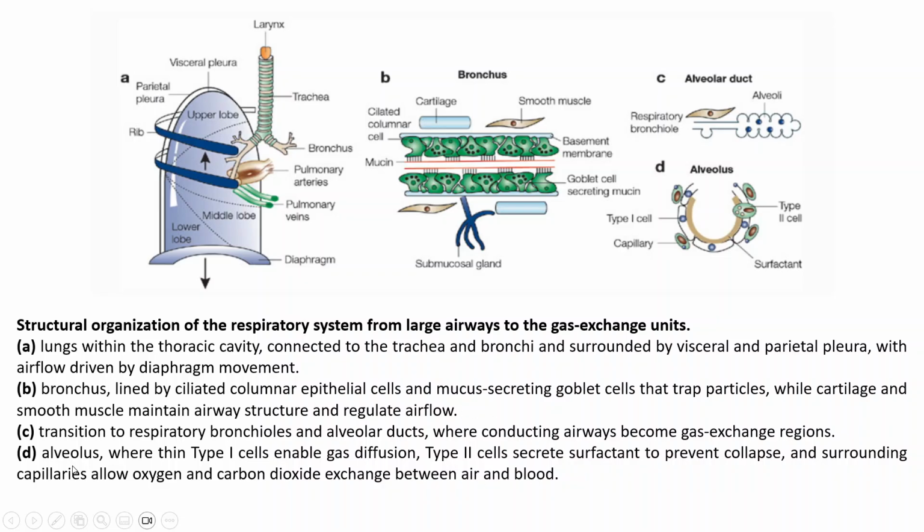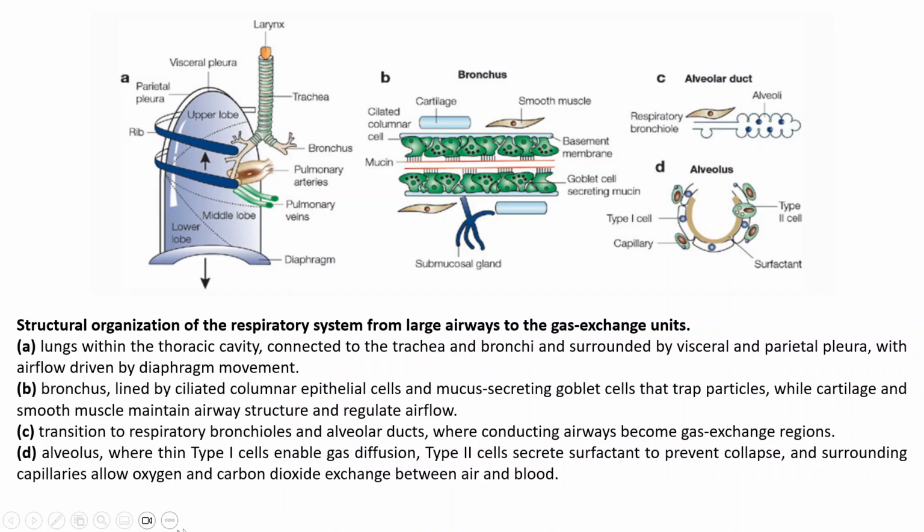And finally, you reach the alveoli, or singular alveolus, where you have type 1 and type 2 cells. The thin type 1 cells help with gas diffusion, whereas the type 2 cells are important for secreting surfactant, a material that prevents collapse and helps maintain the structure.